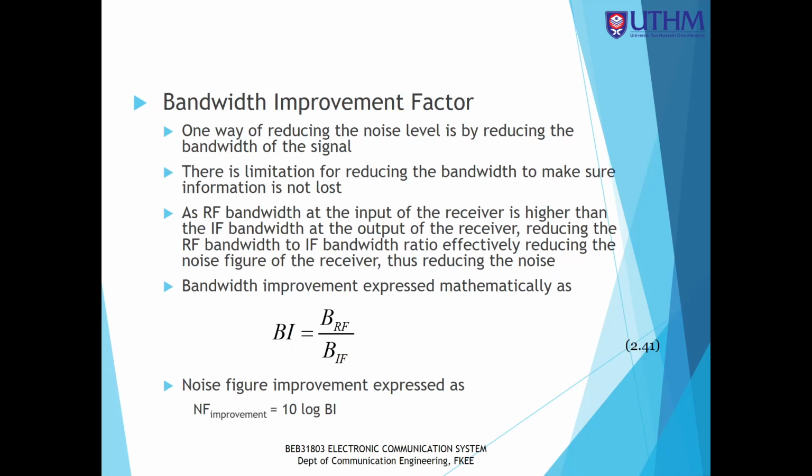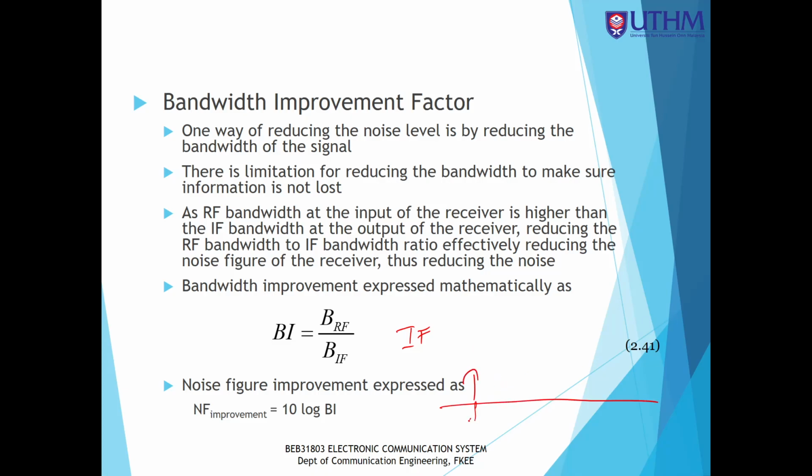So the bandwidth improvement factor, this is also for the tuned circuit. Bandwidth improvement factor is the bandwidth of the RF, radio frequency, divided by the bandwidth of the intermediate frequency. We're going to see later about intermediate frequency, IF.